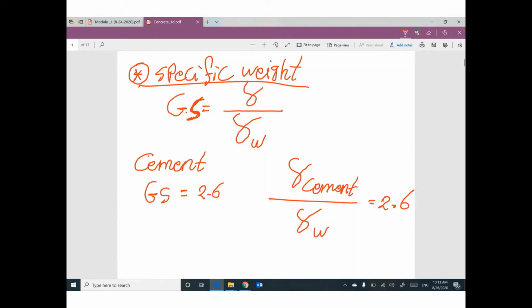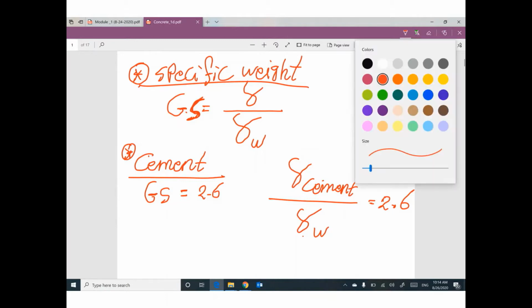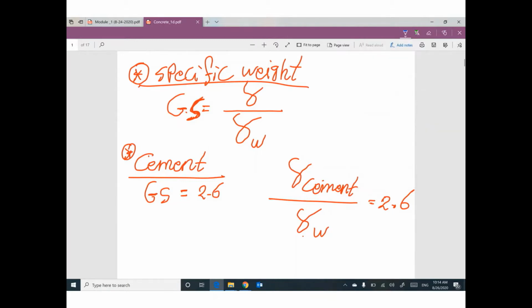So for example, if I tell you the specific gravity for cement equals 2.6, that means gamma for cement divided by gamma of water equals 2.6. Okay, we still have two unknowns, gamma for cement and gamma for water. No, you have to remember gamma of water. Do you remember how much? 62.4.